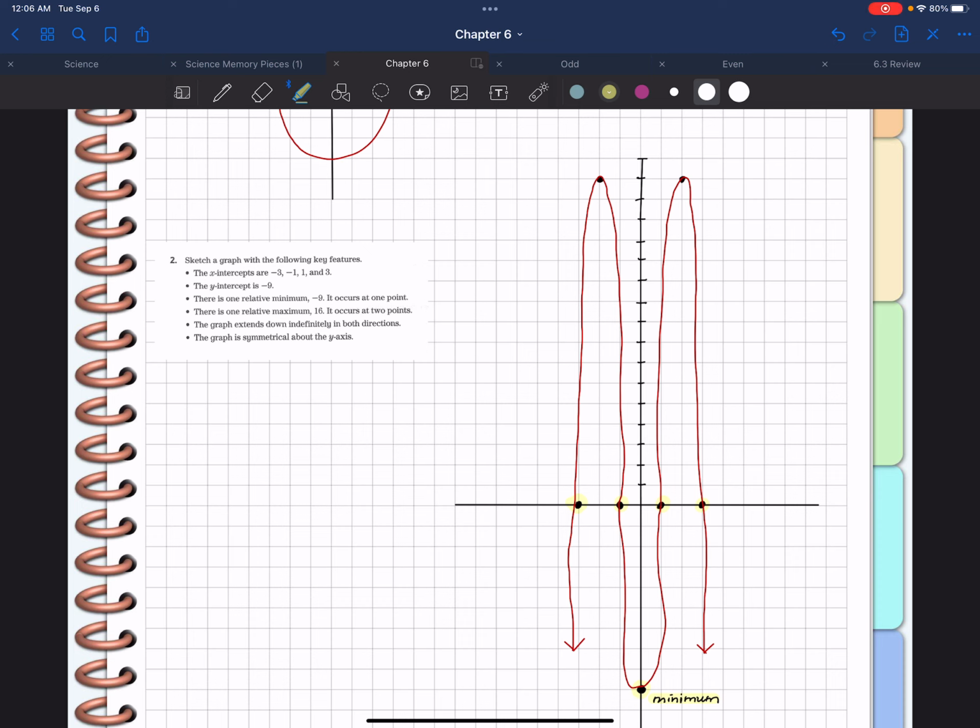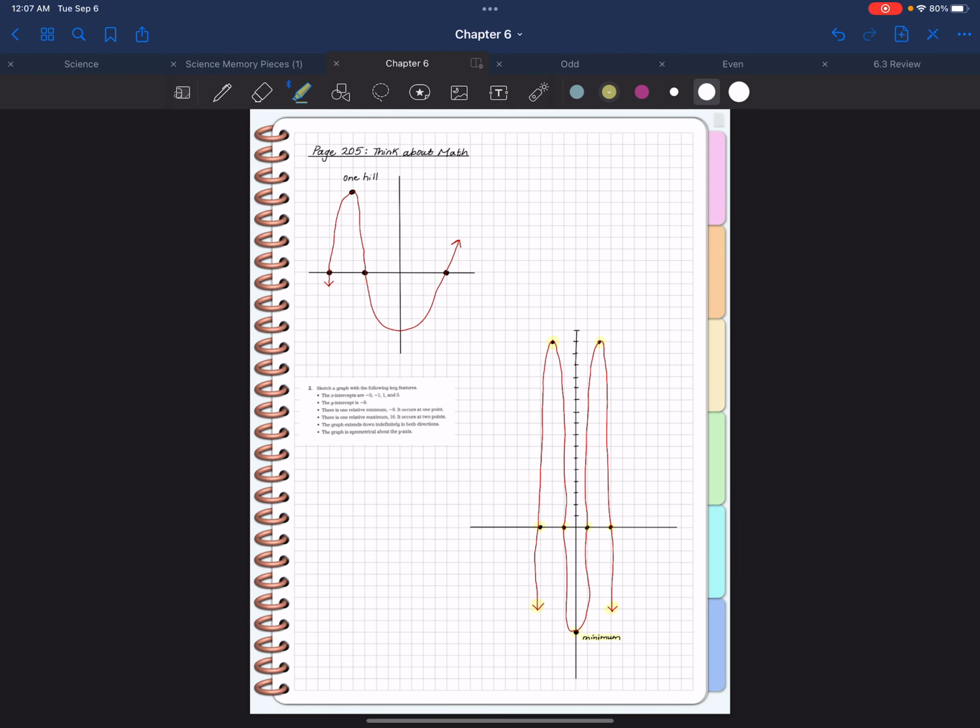There is one relative maximum, 16, but it occurs at 2 points. So you have 2 hills. The graph extends down indefinitely in both directions. That's end behavior. And the graph is symmetrical about the y-axis. So that's pitiful, but that's the picture that we're looking at.